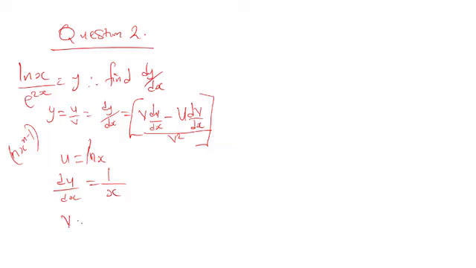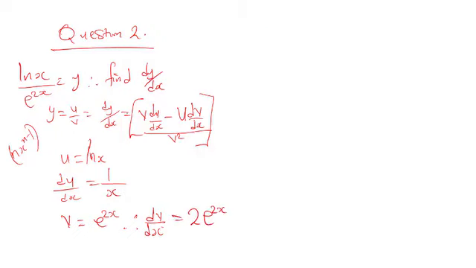Then v is equal to e raised to power 2x. Then at this point, dv/dx would now be equal to 2 e raised to power 2x. You differentiate this, multiply it by this. So if you differentiate this, you have 2 times this, which is 2x.